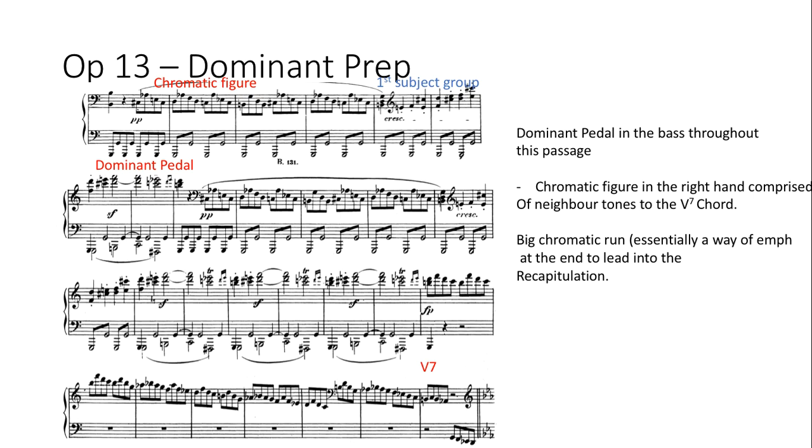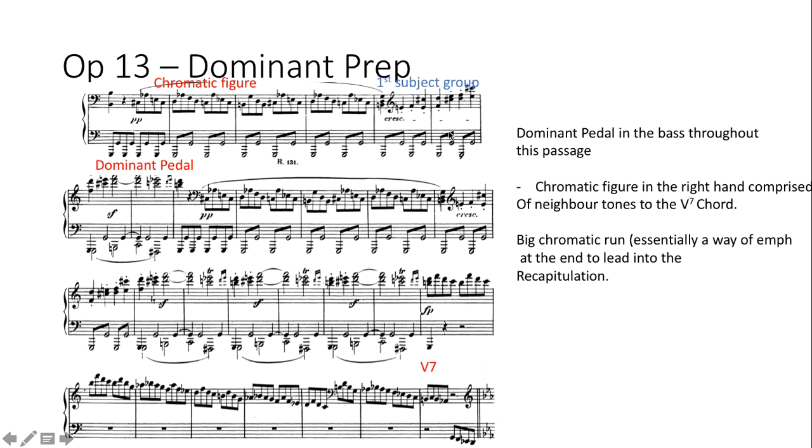The section begins with this weird kind of chromatic figure, which is made up of neighbour tones of a 5/7 chord. So here's our 5/7 chord, and everything's made up of notes that sit around that chord, interspersed with some first subject group material.